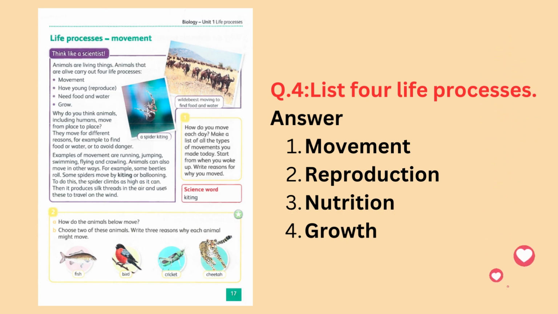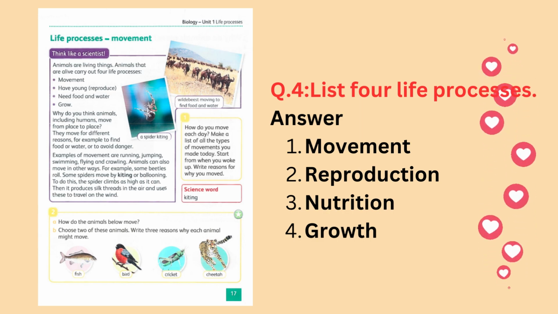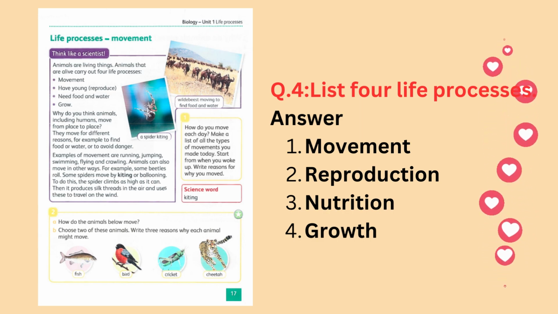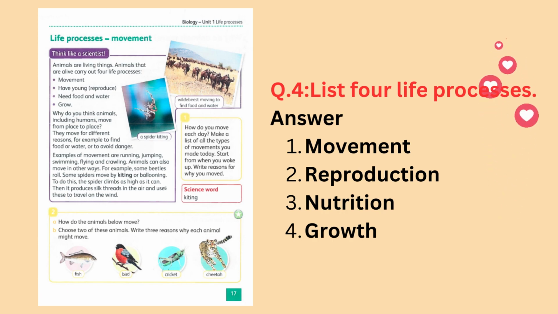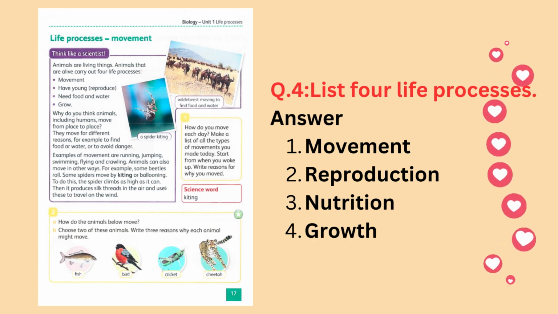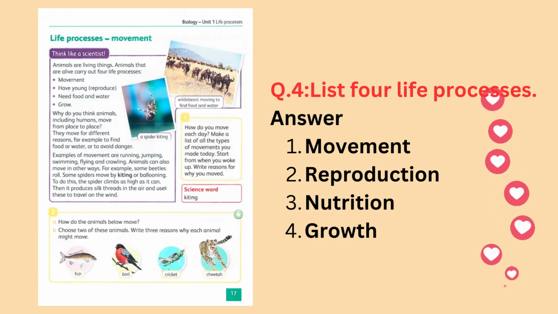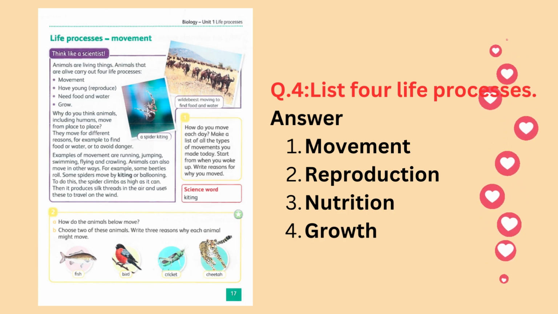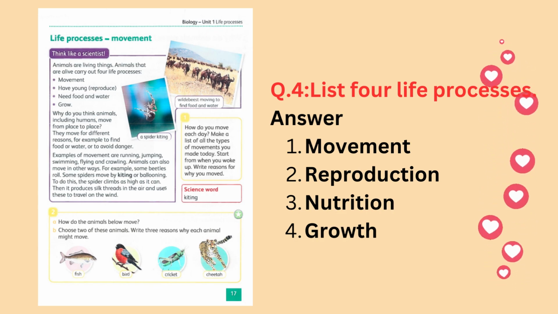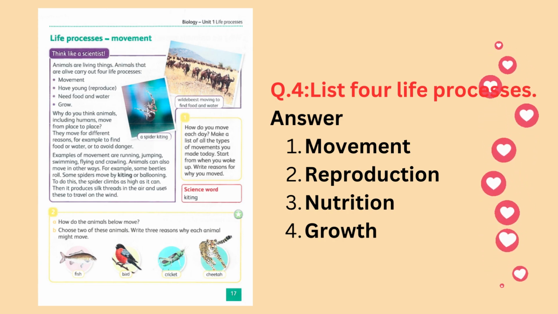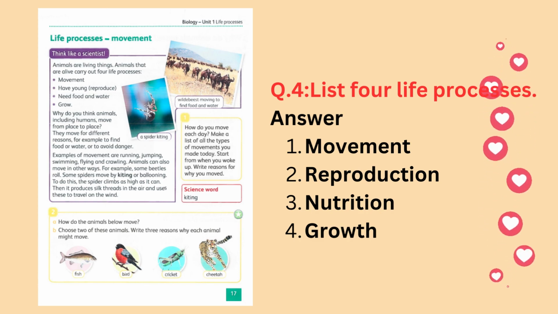Animals can also move in other ways. For example, some beetles roll, some spiders move by kiting or ballooning. To do this, the spider climbs as high as it can. Then it produces silk thread in the air and uses it to travel on the wind.